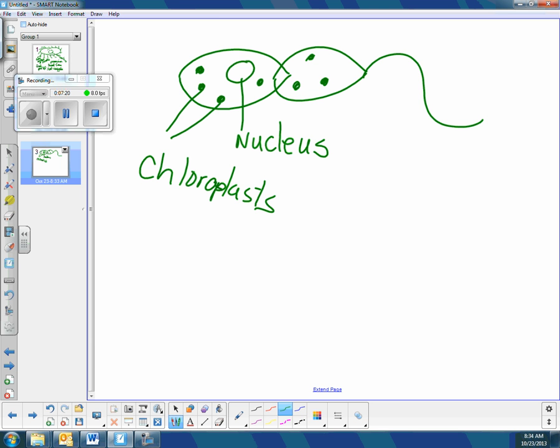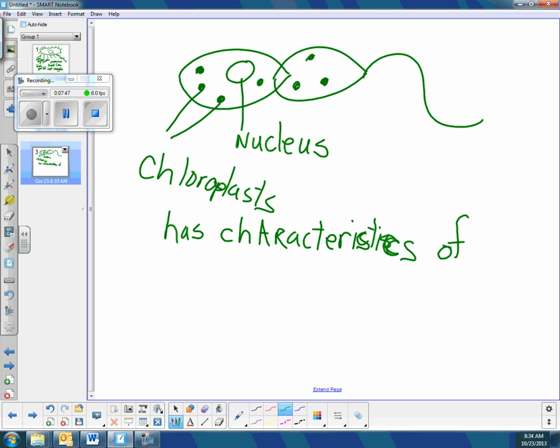But this is also an animal. Unique why? Because it has characteristics of both plant and animals.